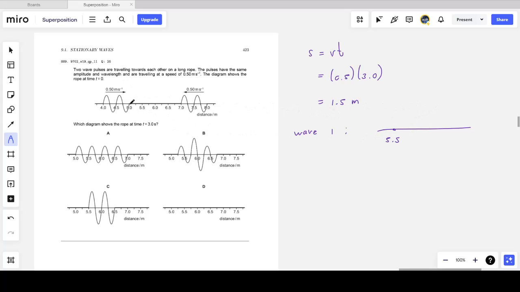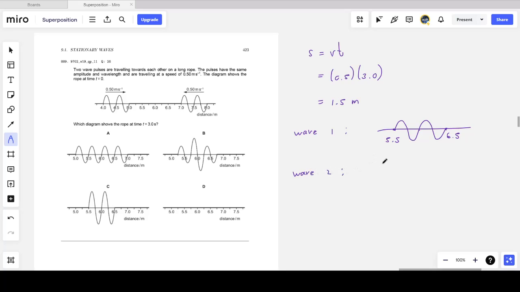And whereas it previously ended at 5, it's now going to end at 5 plus 1.5, which is 6.5. So I have one wave, and then I have two waves, and the end point is 6.5. So for these two waves, a total distance of 1 meter is covered, and that still holds. So nothing has happened to the individual wave just yet.